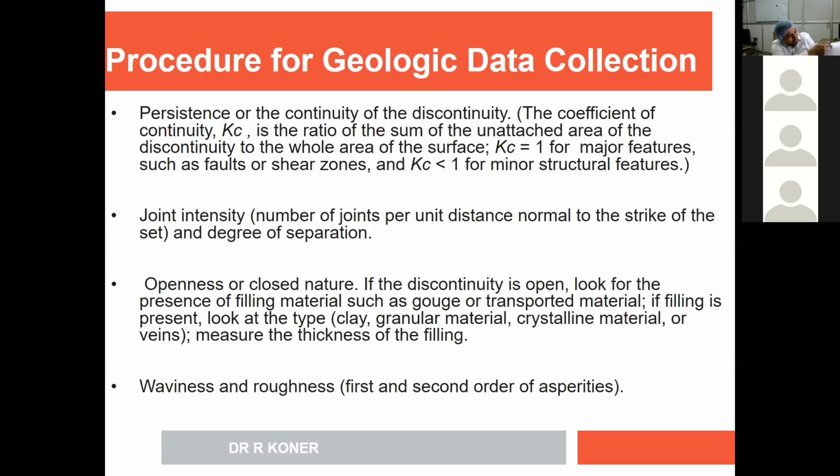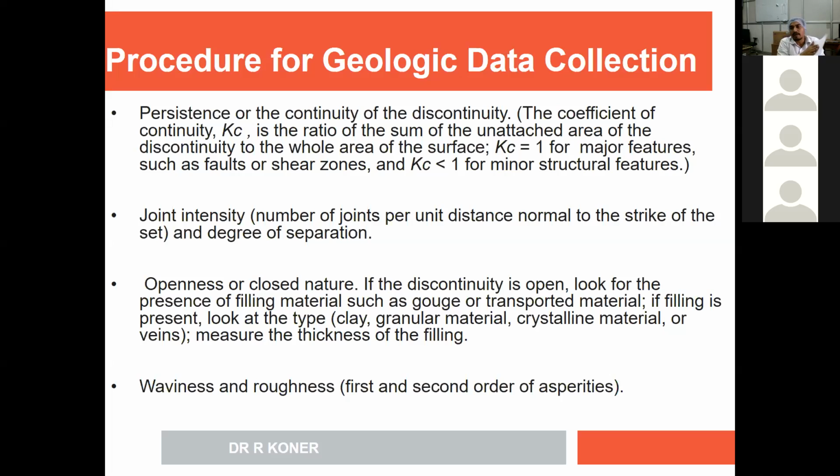Suppose for joint set 1, this is the length L. So you can see that L length is maintained. This is the persistence L. But it is not often possible that all the joints are exposed to the surface. So in that case, you have to think of another way to determine the extent of the joint.